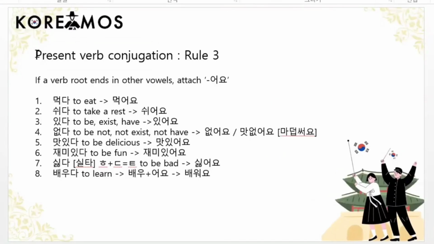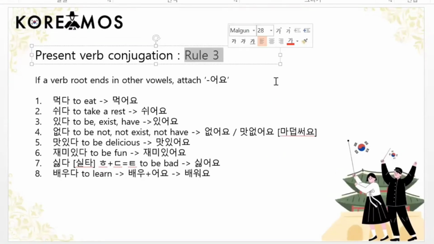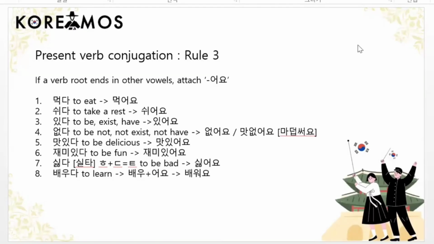Then the next one, present verb conjugation, rule 3. So remember, rule one is if the verb ends in vowel a but without a final consonant. Rule two is if the verb root ends in vowel a with a final consonant, or o with a final consonant. And then rule three is if the verb ends in other vowels.